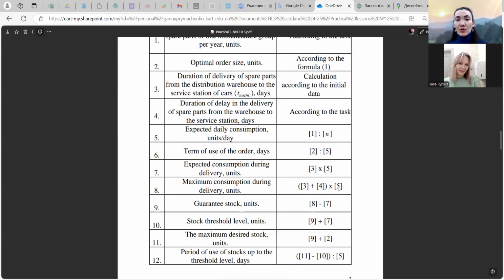So we find these formulas in line H and calculate how many units we find in the result. Result in units.